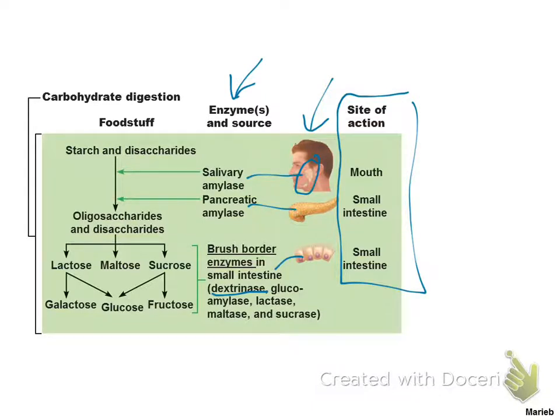And then they show us exactly what they're doing. So notice, both of our amylases are breaking up bigger carbohydrates like starch into smaller subunits like disaccharides. And then the brush border enzymes are going to help us to break up those disaccharides into the monosaccharides.